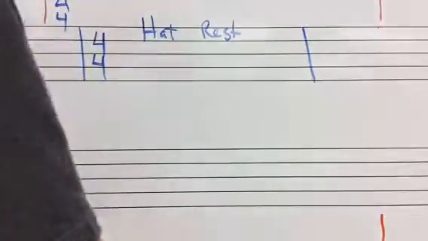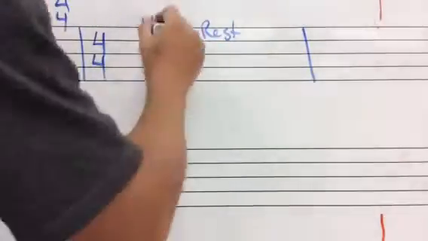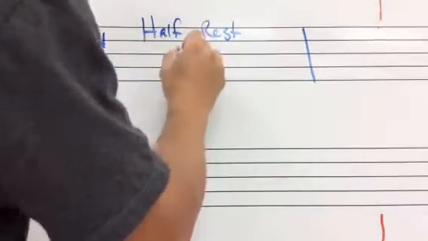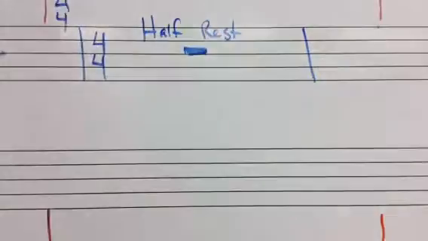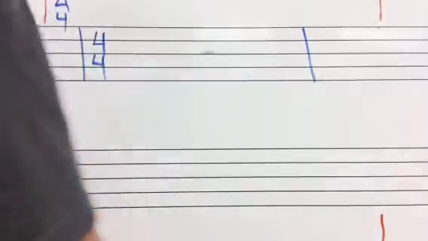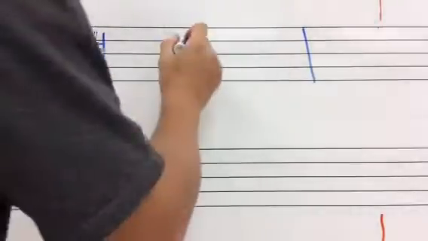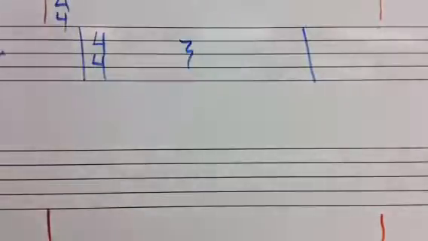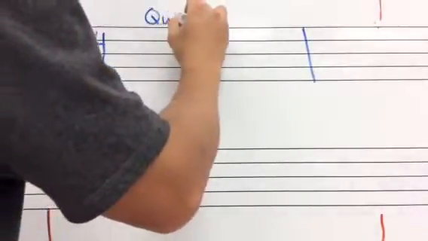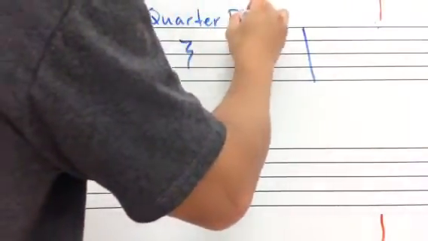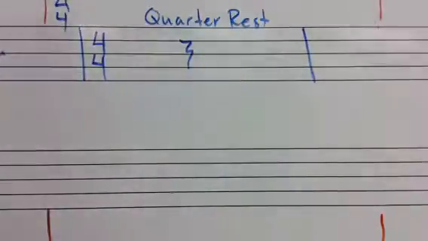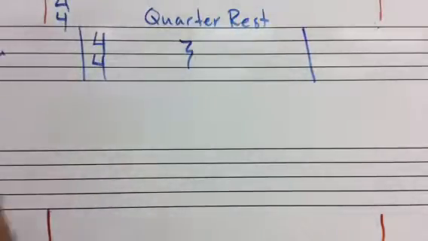Or I just remember the other one is a hole in the ground, and the other one's the opposite. Half rest. And then I showed you the quarter rest. It's worth just 1 beat.